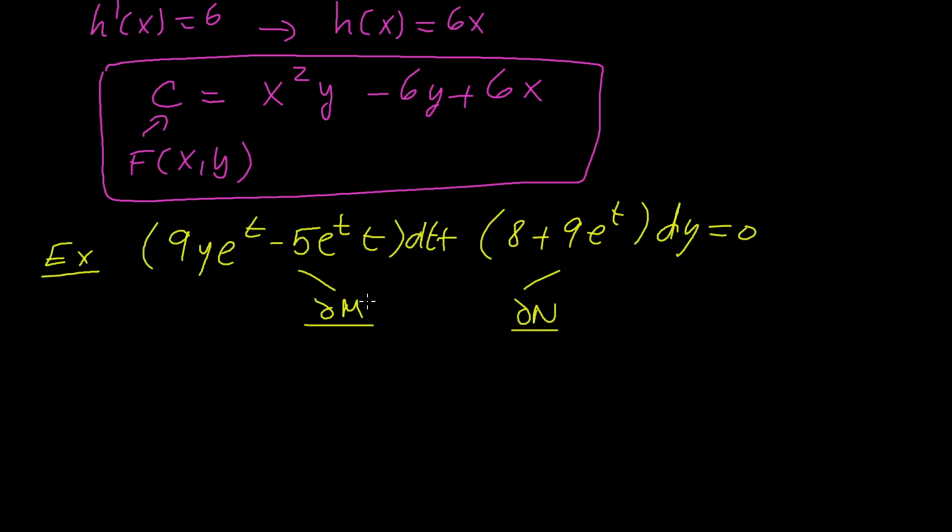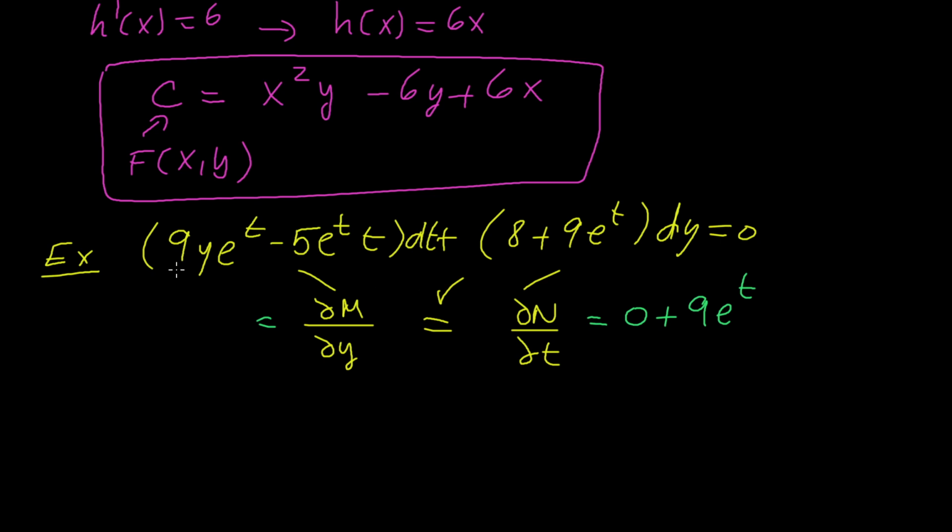and here, not to get confused, you pick M, you're going to differentiate with respect to y. You pick N, you're going to differentiate with respect to x. And this should check, because let's show you here, you need to consider what's constant and not constant. So for this one here, 8 with respect to t is 0, 9e^t there is 9e^t, okay?